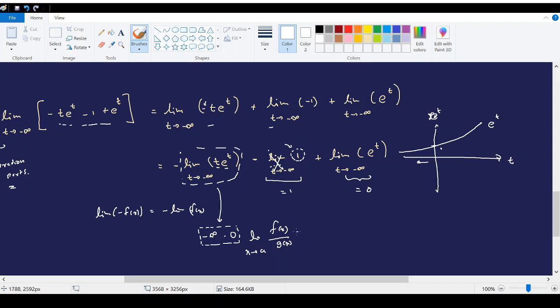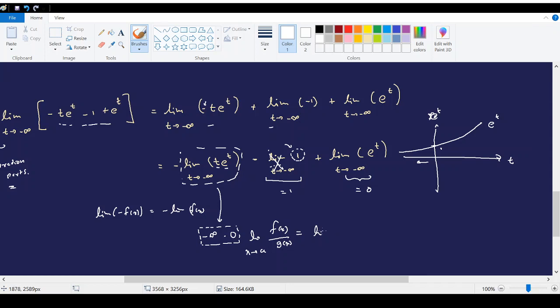So what does L'Hopital's rule say? When I say rational, normally we have polynomials in the numerator and the denominator, but for L'Hopital's rule you don't need to have polynomials. You can have any function that you prefer.